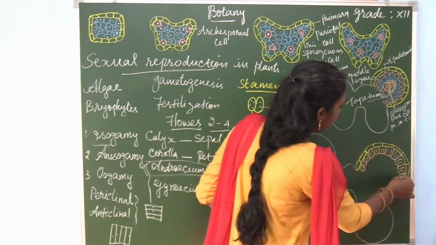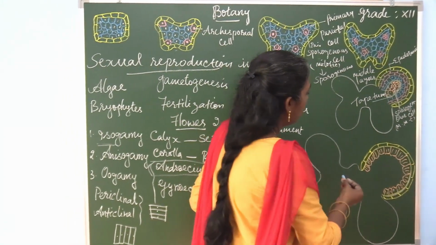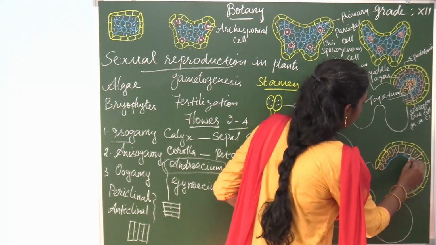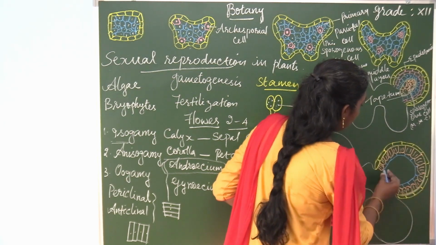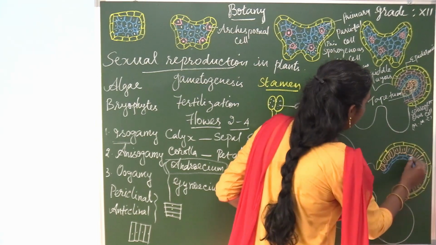Inner to the endothecium there are middle layers, 2 to 3 layers of middle layer.